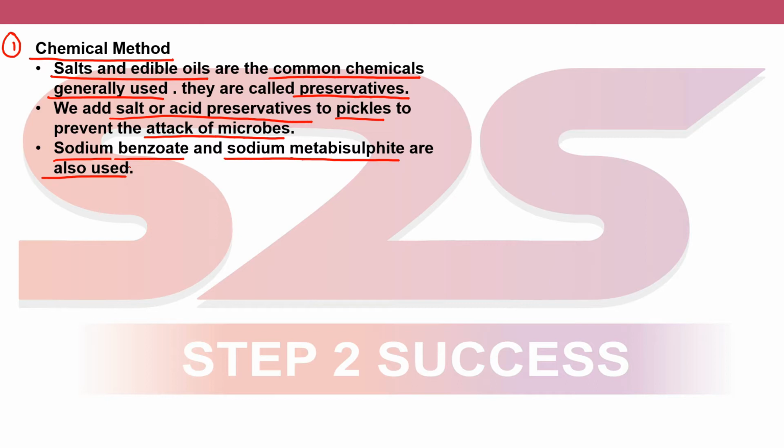So in the chemical method, salts and edible oils are the common chemicals generally used, and they are called preservatives because they are added to preserve something for food preservation. We also add sodium benzoate and sodium metabisulfite. They are used in pickles, jams as well as squashes to check their spoilage.